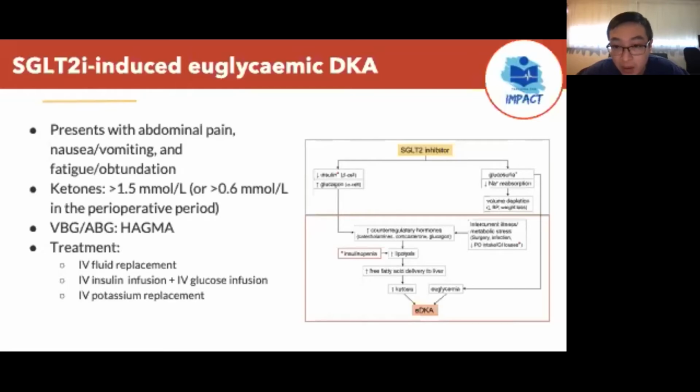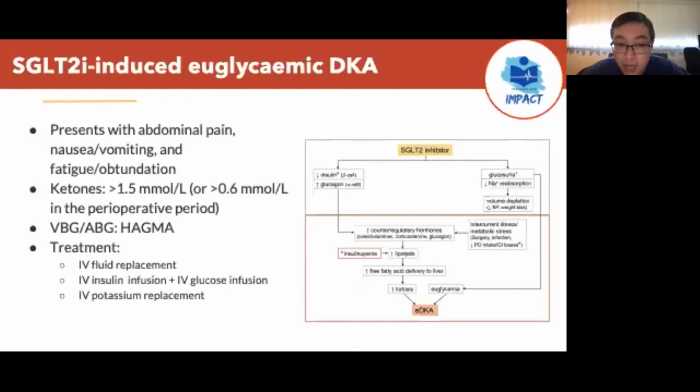If you perform a blood gas, you'll find that the patient has metabolic acidosis, or specifically, high anion gap metabolic acidosis. So you would see a low pH, normal CO2, and classically low serum bicarbonate, suggesting inadequate respiratory compensation.